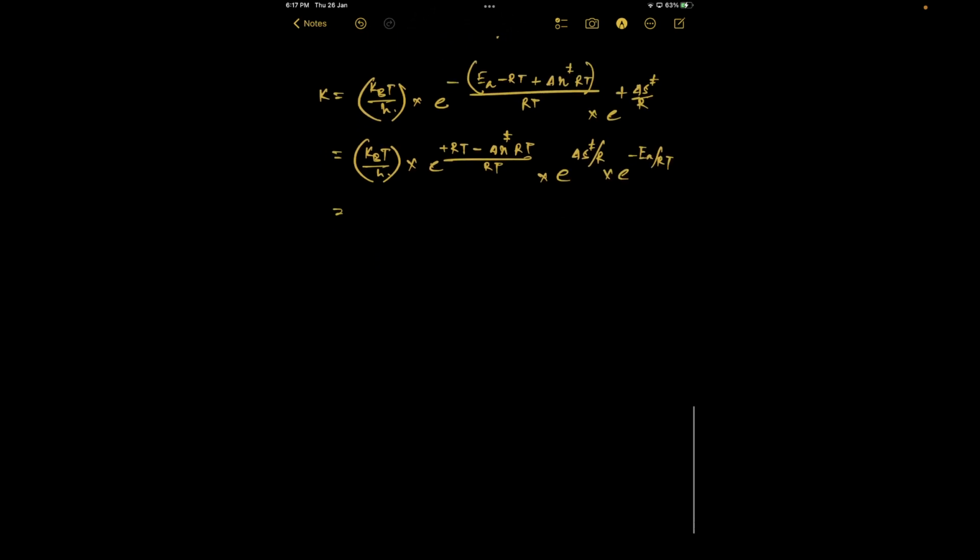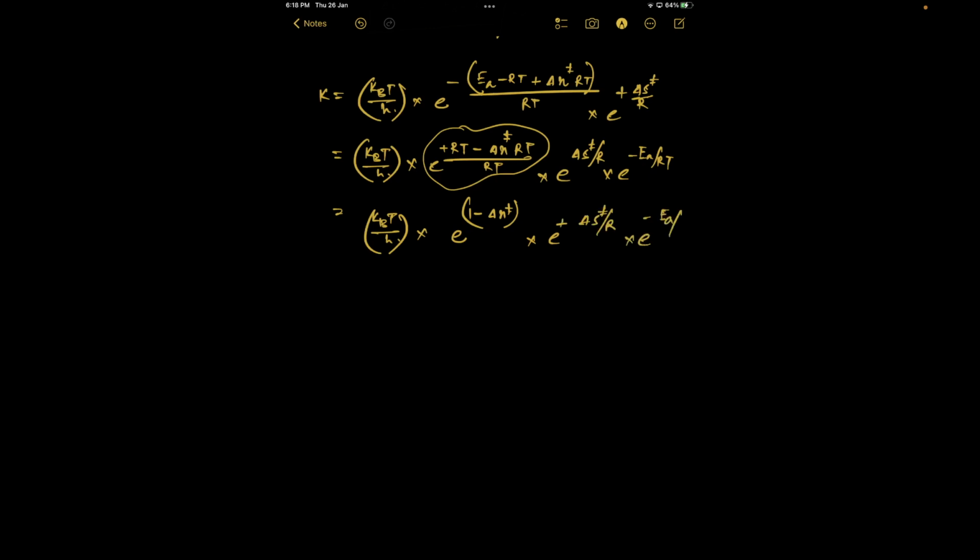RT will be common, so RT will cancel from this expression. It will be equal to exponential 1 minus delta n double dagger times exponential delta S double dagger by R times exponential minus EA by RT.